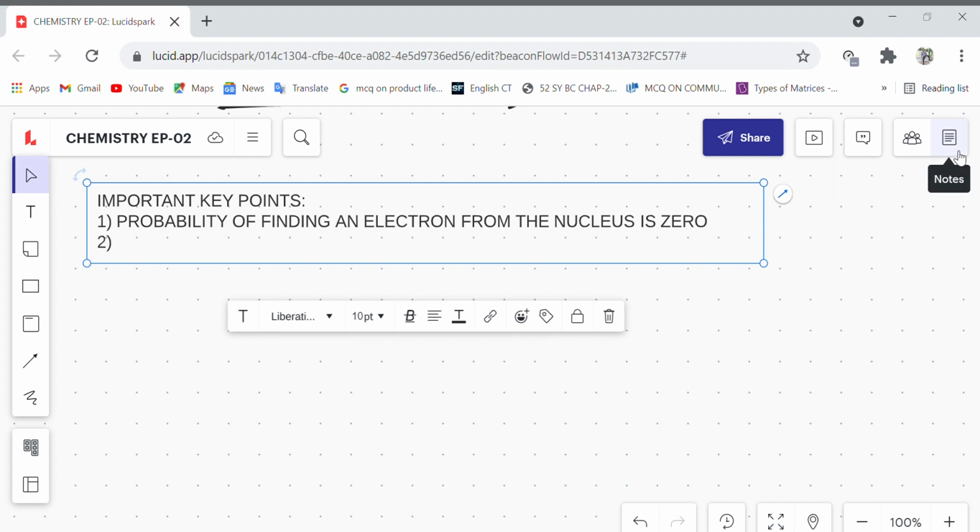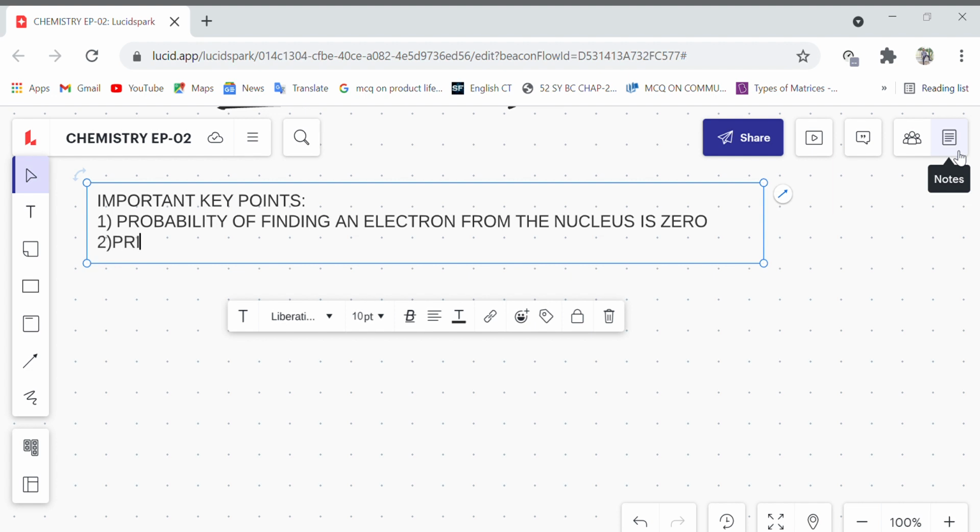The second one is, can anyone guess? It's related to a quantum number. Yes.